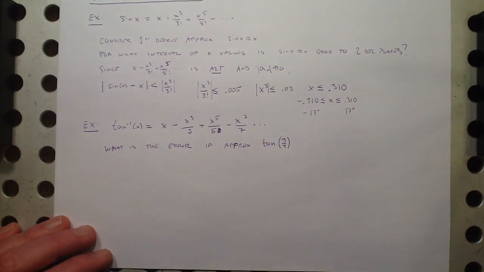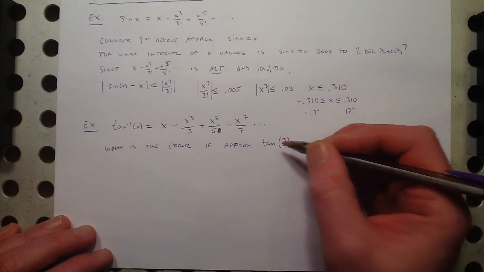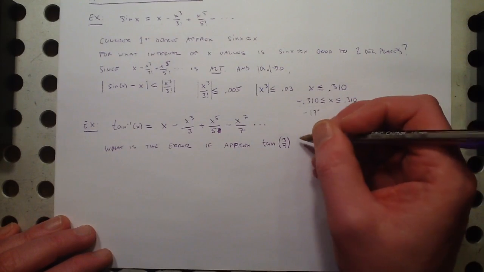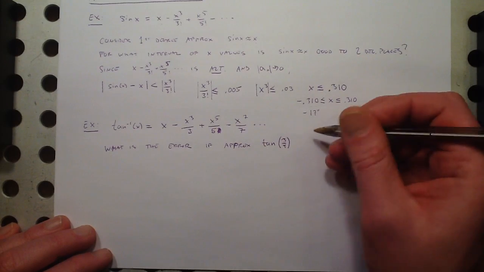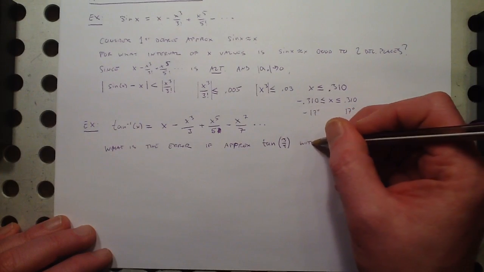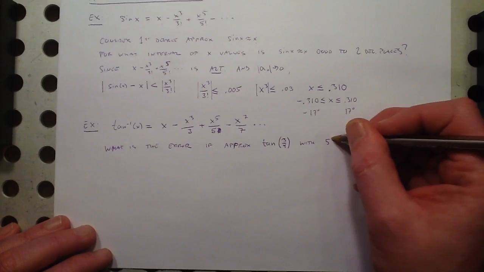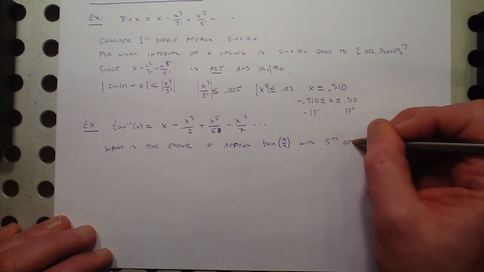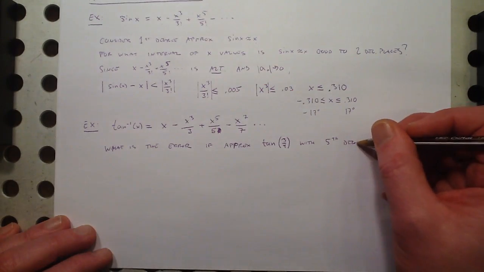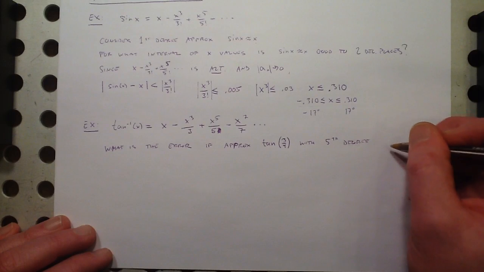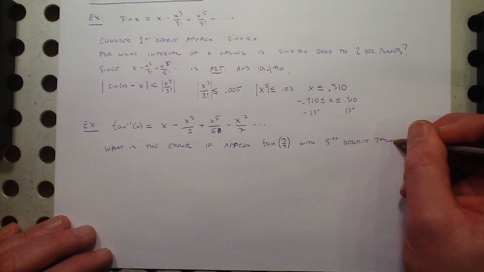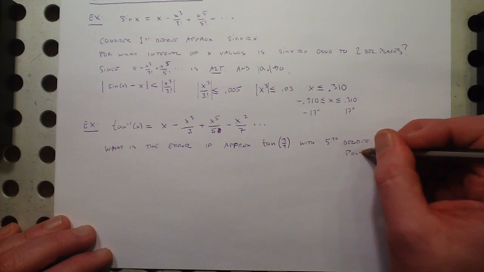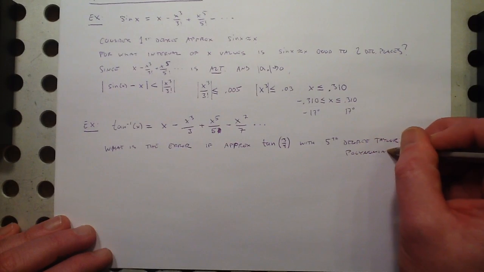The tangent of pi over 4 is 1, and pi is about 3, so 3/4 is an angle pretty close to pi over 4. What's the error if we approximate that with the 5th degree Taylor polynomial? In other words, the first 3 terms.